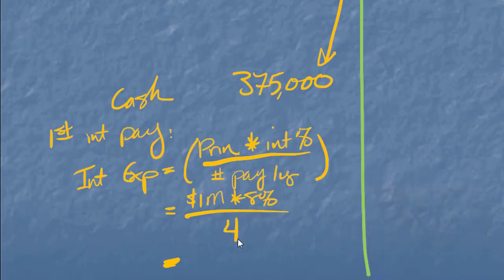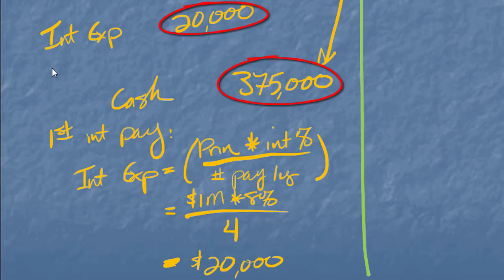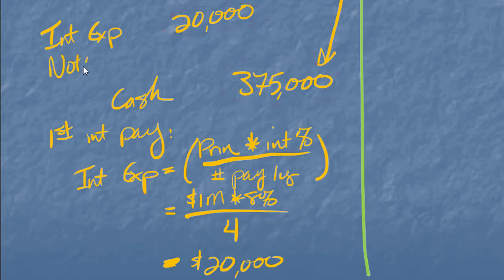So 1 million times 8% divided by 4 is $20,000. So I'm going to record interest expense of $20,000. So of the 375, $20,000 will go to interest, and the rest will go to pay off my principal balance.